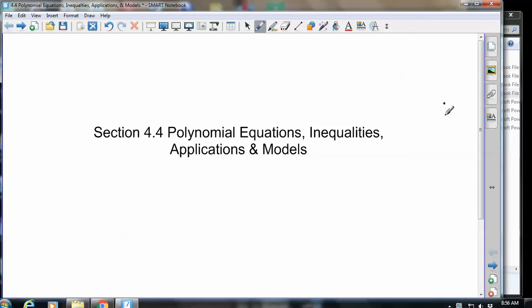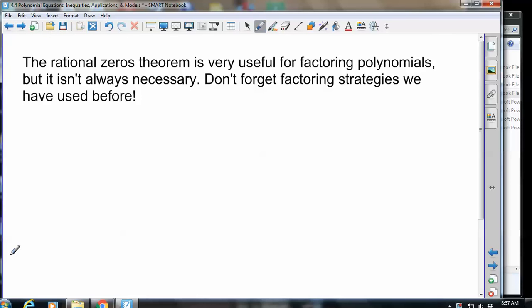Okay. We have been talking all about these polynomials. And yesterday we worked with, if I gave you a polynomial, being able to factor it if I didn't give you the first zero. And we had that rational zeros theorem, which is great, but sometimes you don't have to use that.